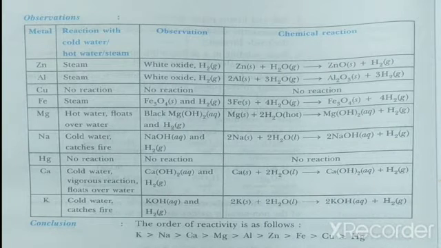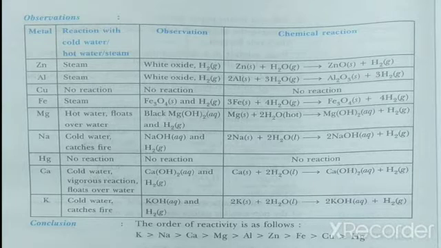Let us see how the following metals zinc, aluminium, copper, iron, magnesium, mercury, calcium and potassium react with water. Here we should consider water taken as cold water, hot water and steam. If a metal can react with cold water, it shows that the metal is highly reactive.